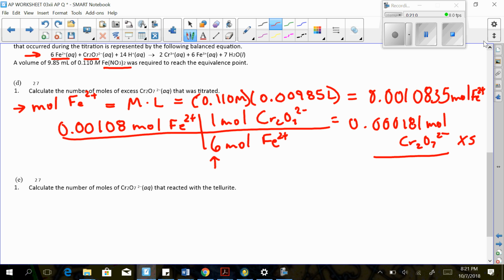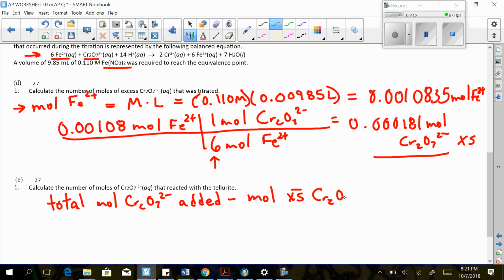So we have to go back and figure out the total number of moles that were added, minus the moles of excess Cr2O7, or how much excess dichromate, then we get how many moles reacted.